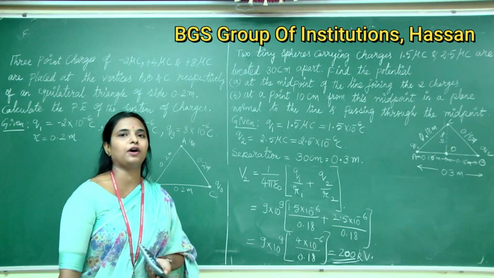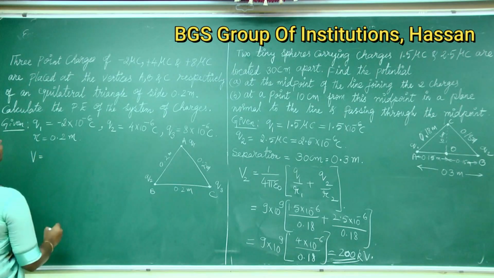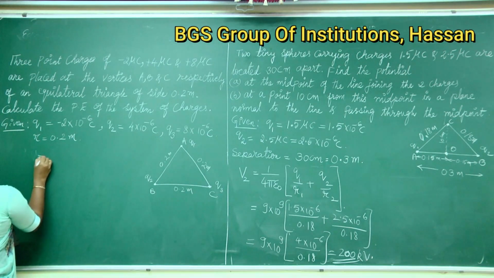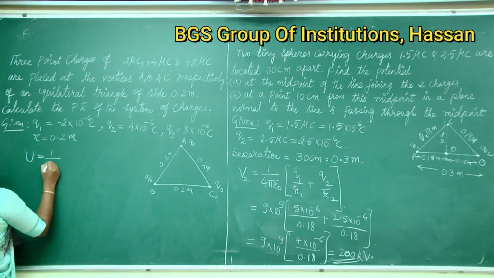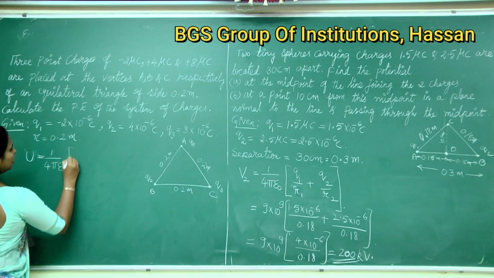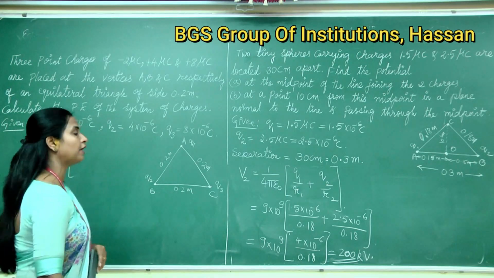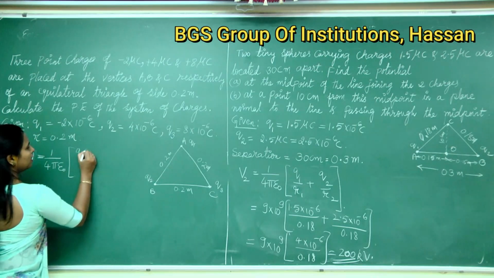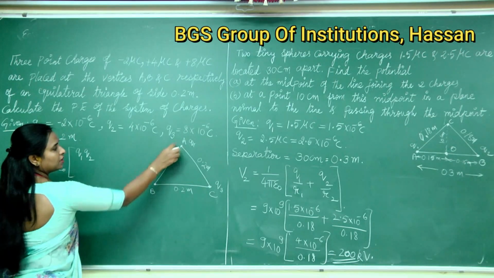We have a direct formula for this, and what is the formula? Potential energy, that is denoted with the symbol U, which is equal to 1 by 4 pi epsilon naught into. So I have told you the method also to remember the formula. You can write it in the cyclic order, that is Q1 Q2. See here, Q1 Q2. And what is the distance between Q1 and Q2?